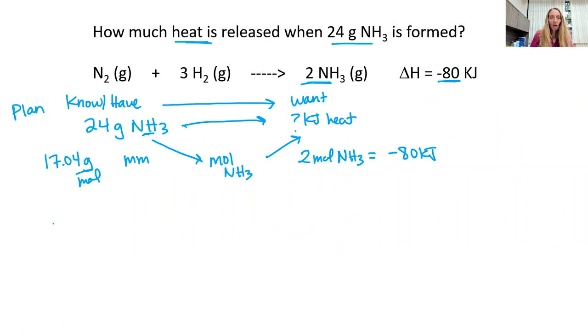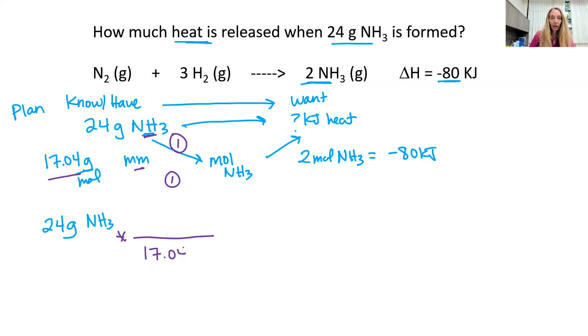So when I'm going to start actually calculating, I'm going to start with what I have. So I have 24 grams of ammonia. Next, I'm starting here, now I'm going to get to moles of ammonia. So every time I have my arrow, I'm going to have a dimension. So my first dimension here is going to have molar mass. So I'm going to put my multiplication sign in, and grams of NH3 are at the top. So when I have my molar mass here, my grams are going to be at the bottom.